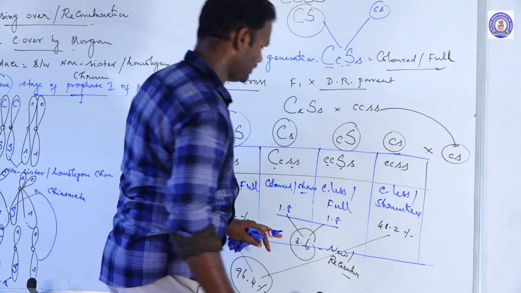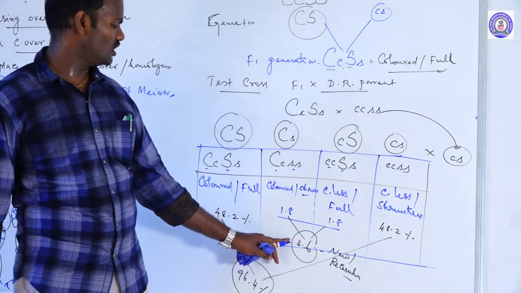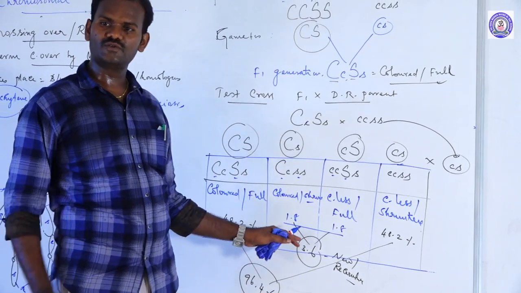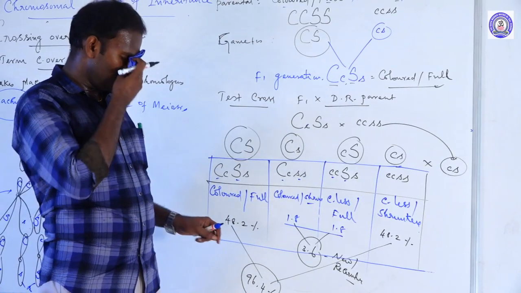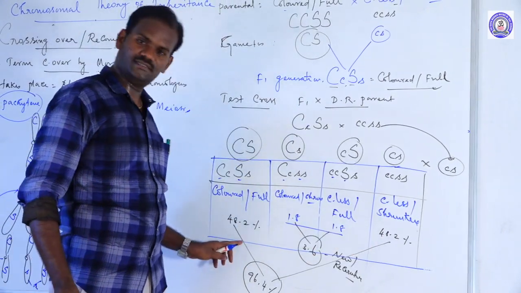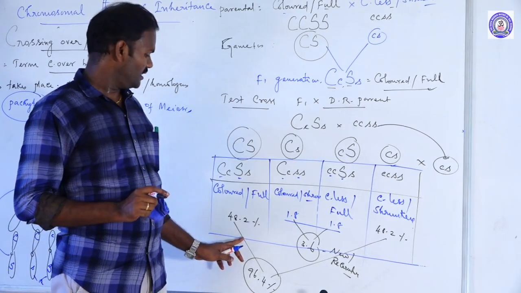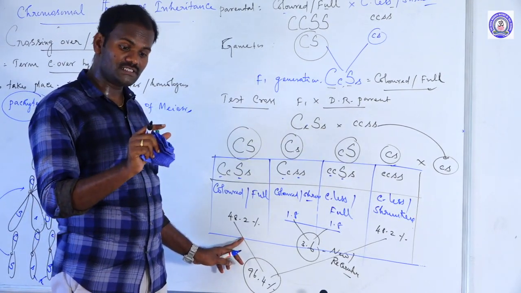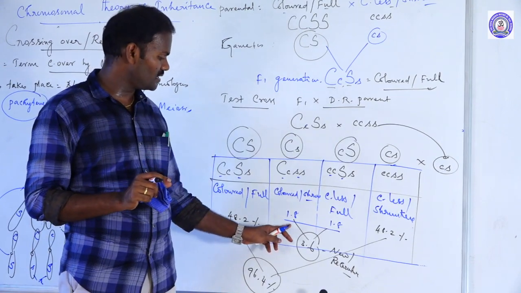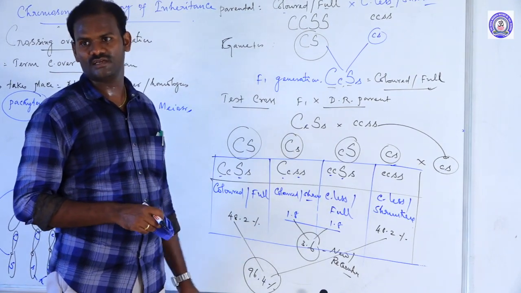This recombination percentage frequency is observed due to the distance between the 2 genes. If the 2 linked genes are located even close, there is a chance for separation of these two genes because of the process of crossing over.